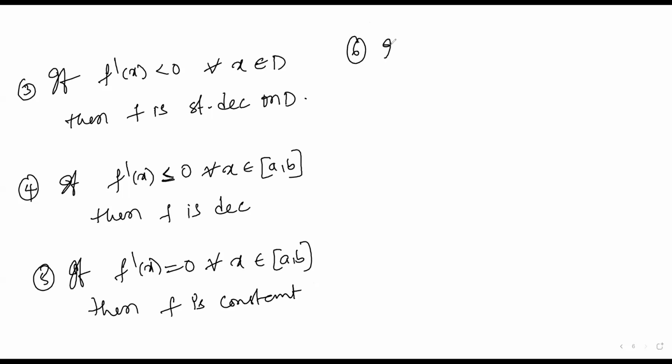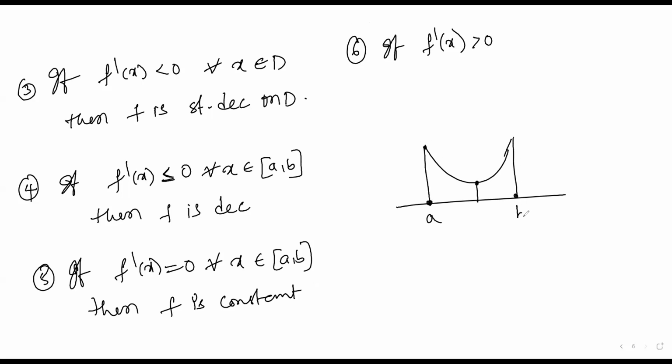Now if at all f dash of x is, you can't say greater than 0 everywhere. You see like this, you have a curve like this, and A to B you have to discuss. This is A, and this is B, and in between C is there.